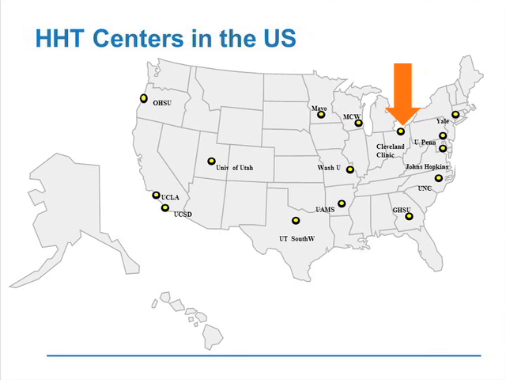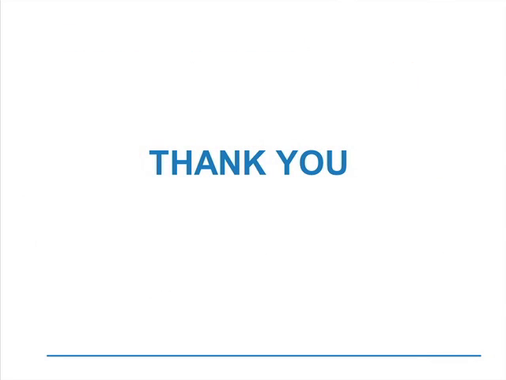And if you do have a patient with HHT, sending them to one of these 15 centers would help, because it is a multi-organ disease, and it tends to affect family members. And when you have multiple disciplines involved taking care of these patients, it gives better success and outcomes for these patients. So thank you for your attention, and I hope you tune in for more similar presentations.